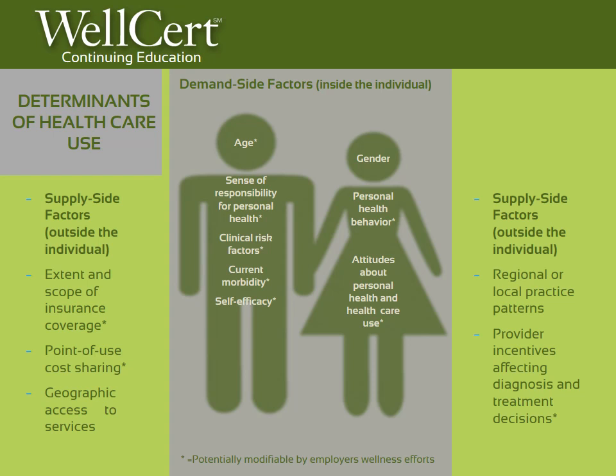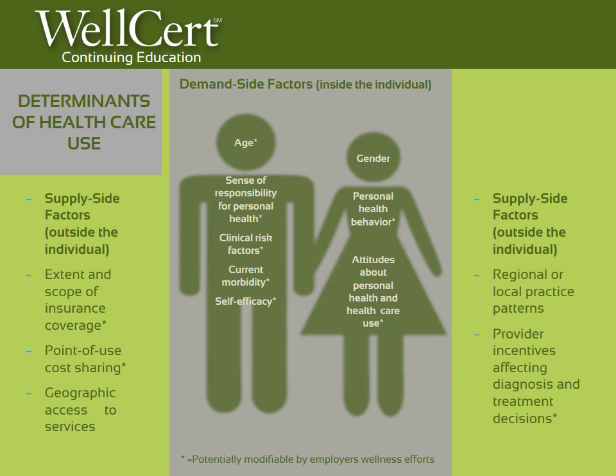It means that if we help people with wellness programs to age differently, by being more active, maintaining their weight, changing their diet, handling alcohol or stress differently, or not doing distracted driving, we can in fact change the pattern of utilization that is usually associated with age. So age and gender are 2 of the most powerful predictors, but age is not immutable. It can be modified by the choices that we make as we age.